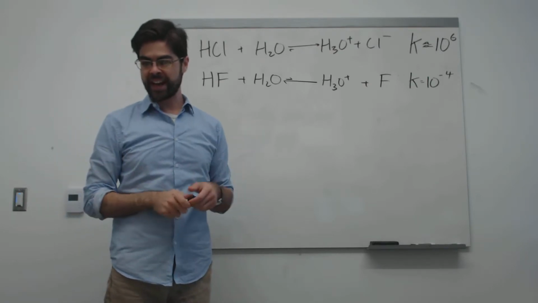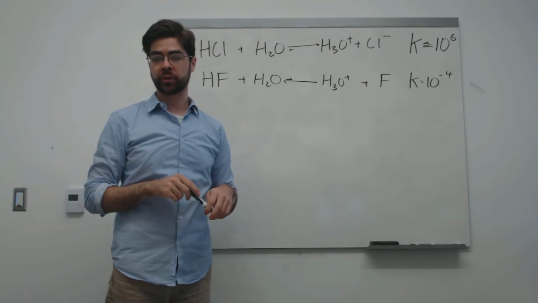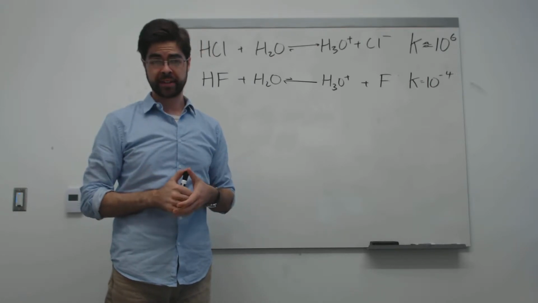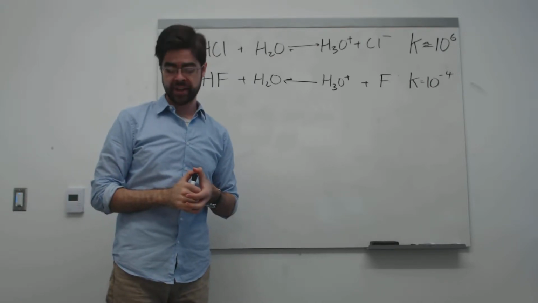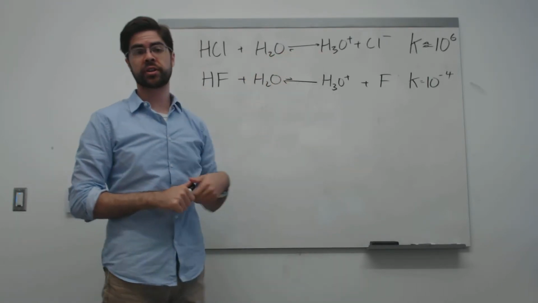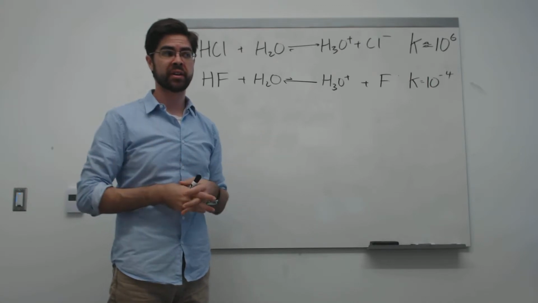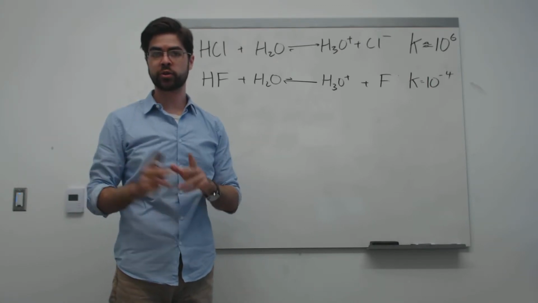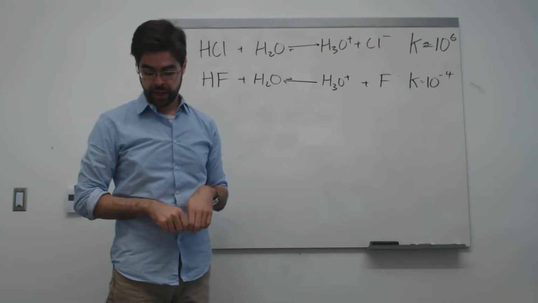So weak acids have smaller equilibrium constants than strong acids, significantly so. Strong acids are those that have acid dissociation constants greater than 10 to the 3. I'm spitballing a number, but very large values, those that go to completion.